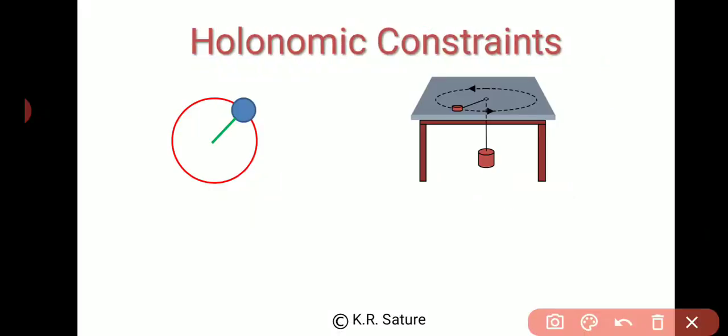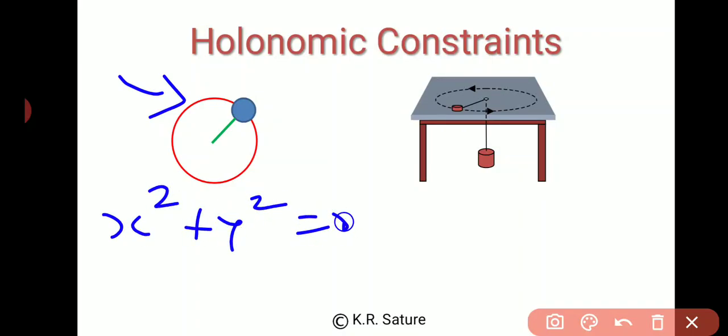This example is a type of holonomic constraint. What constraint have we applied for this system? That is x square plus y square equal to r square. That is the equation for a constraint, and also it is the simple equation of a circle because the particle is moving on the circumference of the circle.